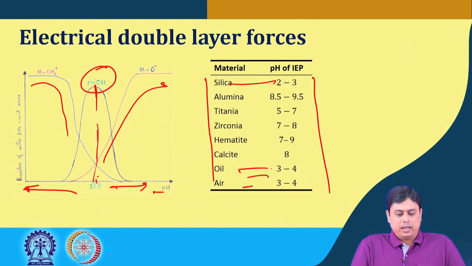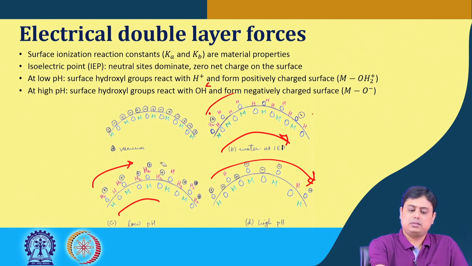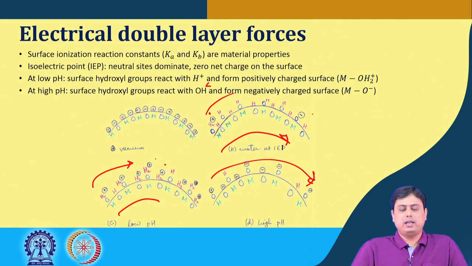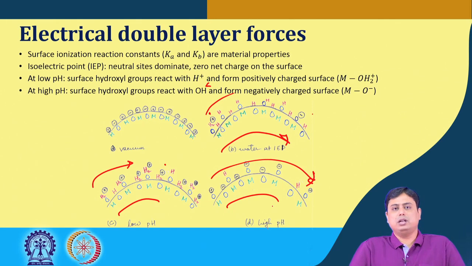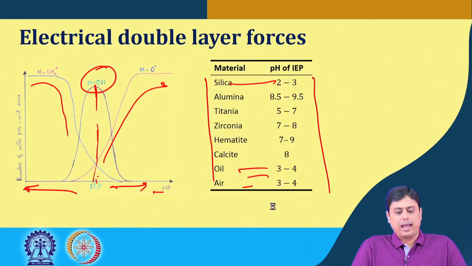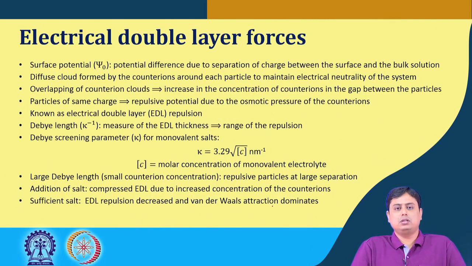Say here we have positively charged surfaces. The counter ions in this case can come from a KOH solution, which will provide us the OH minus. When negatively charged O minus sites are there, the counter ions can come from an HCl solution, which will provide us the H plus ion. So, these counter ions keep the solution or the particles in an electrically neutral state.